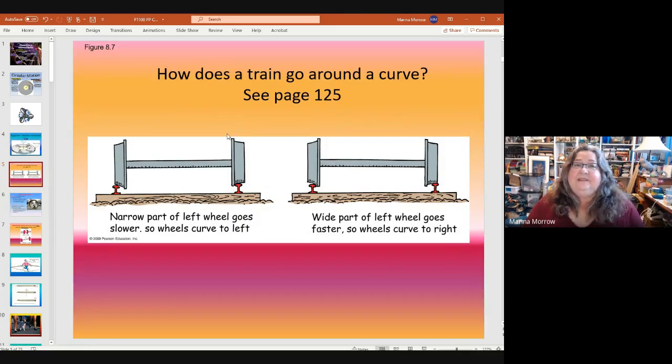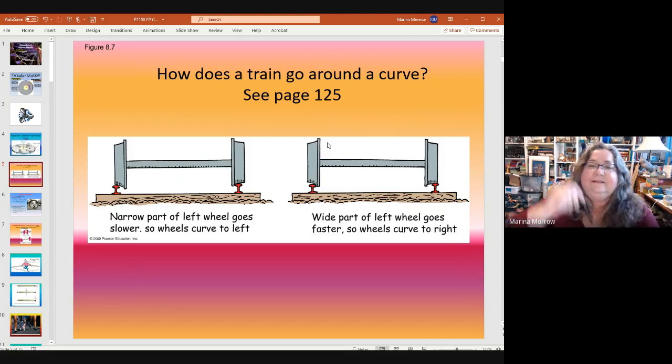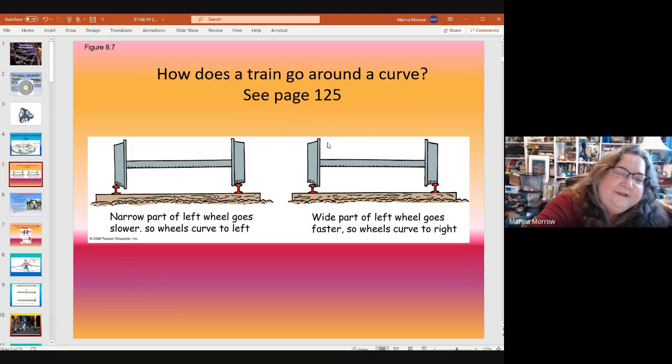Now, this becomes an advantage when you have something like a train. Nobody ever thinks about how trains work exactly in terms of their wheels. But if you think about it, they just have a simple wheel system where they have a wheel on each side of an iron bar, and yet they have to go around curves. When an object goes around a curve, of course, one side of the object has to go faster than the other side, right?